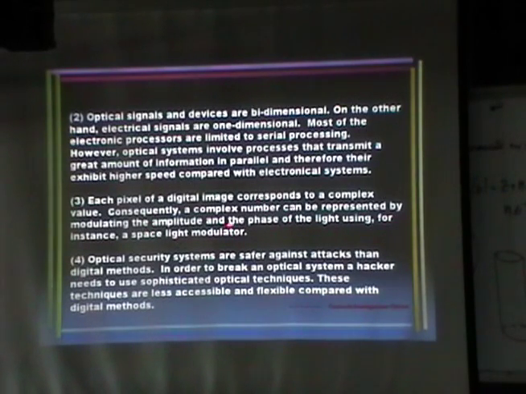And, for instance, by using a spatial light modulator, you can register the amplitude and the phase of the light. Well, usually these systems are more secure than digital methods. It's very hard to reproduce the phase of the light, and you can take profit of this point.